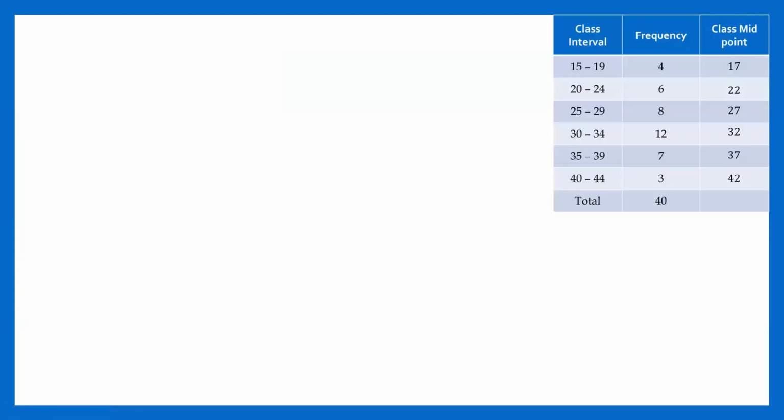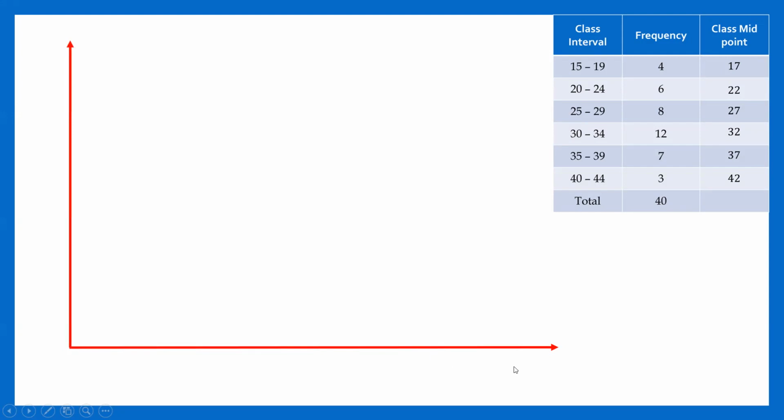Then we can plot the class frequencies against the class midpoints. I create an x-axis and a y-axis. The x-axis represents the class midpoint and the y-axis represents the frequency.